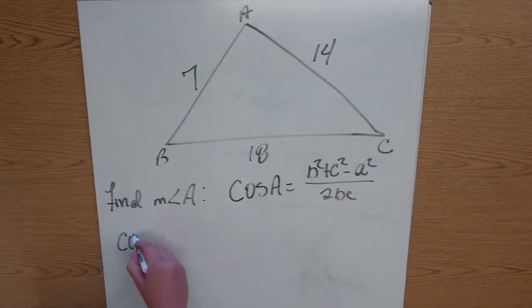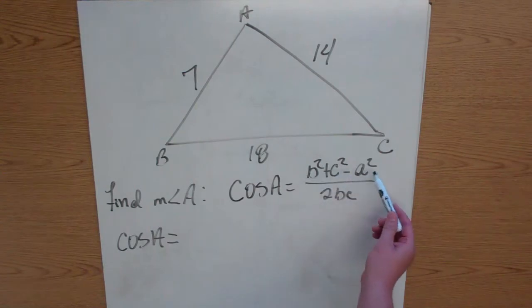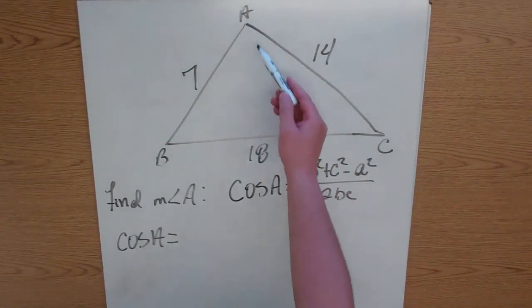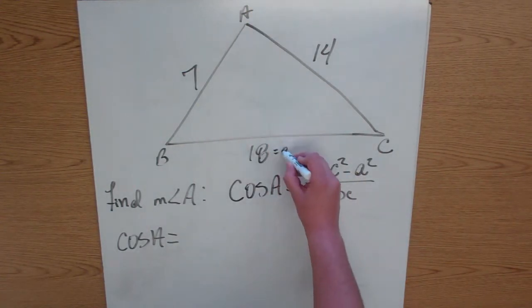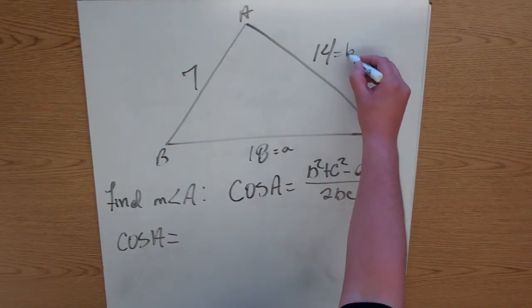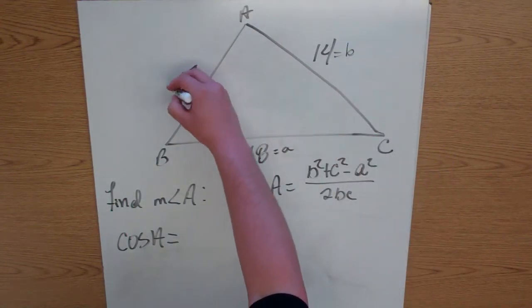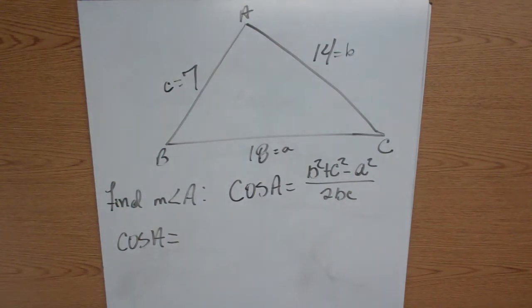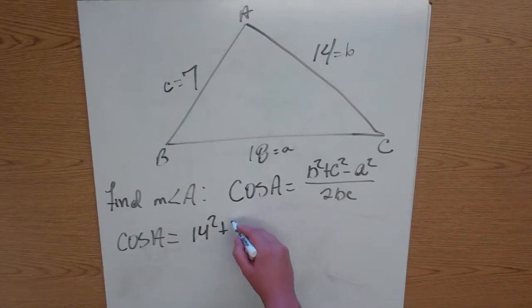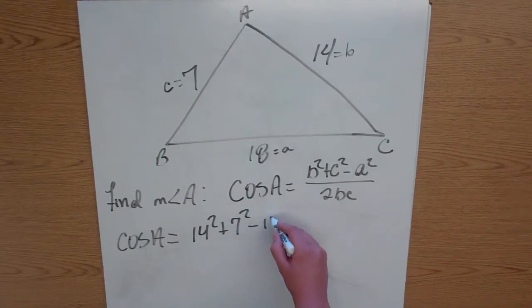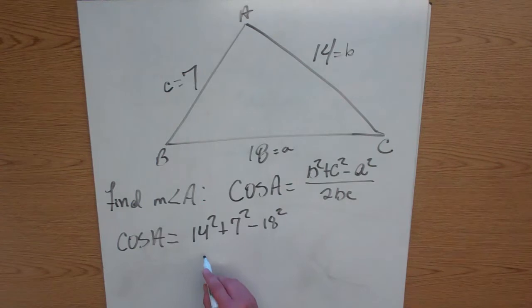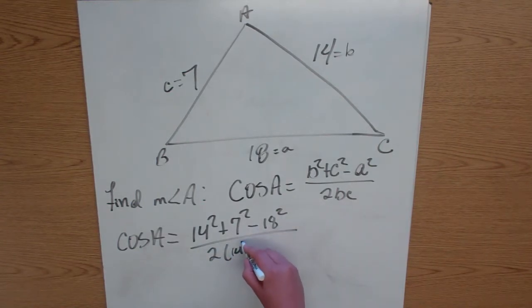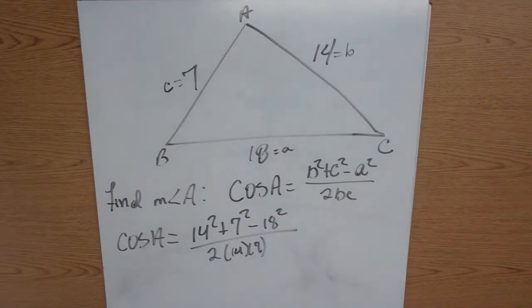Now we need to figure out which side is which. Of course, since that's angle A, this is little a, angle B, little b, angle C, little c. So b squared is 14 squared, plus c squared, which is 7 squared, minus a squared, which is 18 squared, divided by 2 times bc, so 14 times 7.